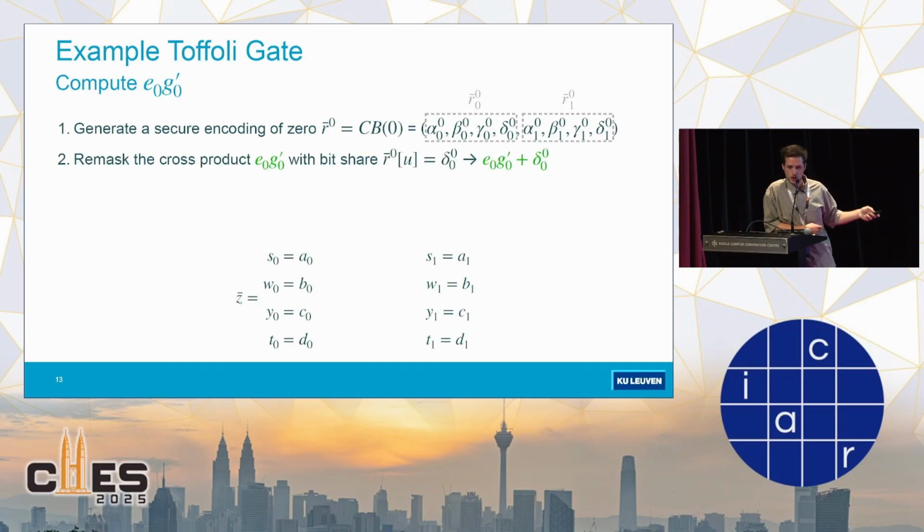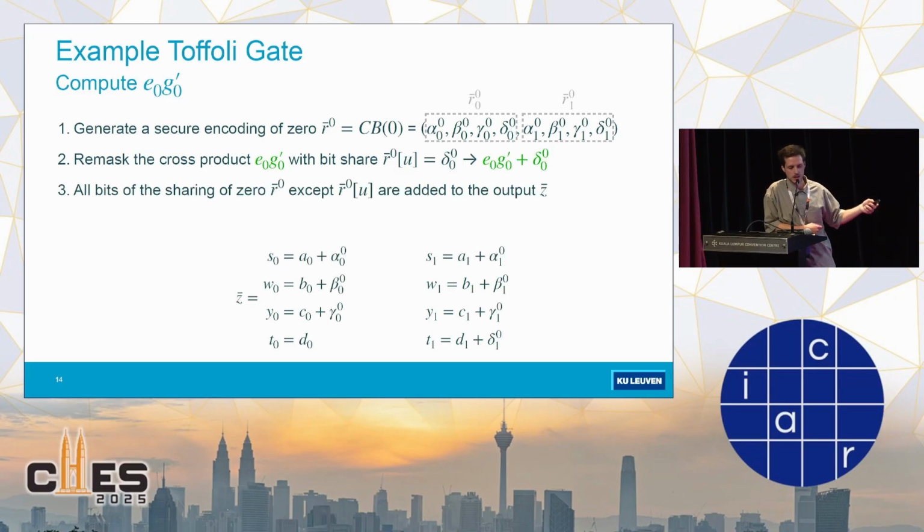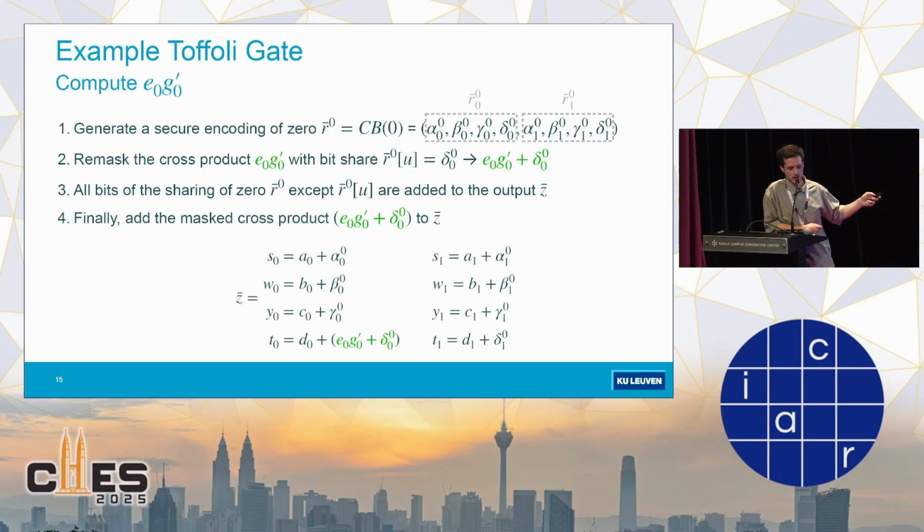Then you do the cross product, E0 times G0 prime, and you add it to the bit at index U of this R0 value. So you take the delta 0 share, and add it to this cross product. Then in the next cycle, all the remaining bits of this randomness are placed in the output except the one at index U. And in another cycle, you add this remasked cross product.